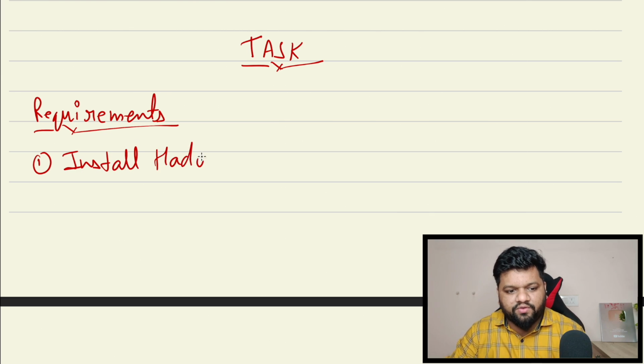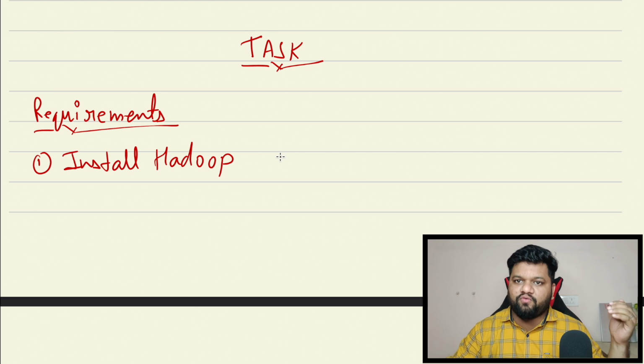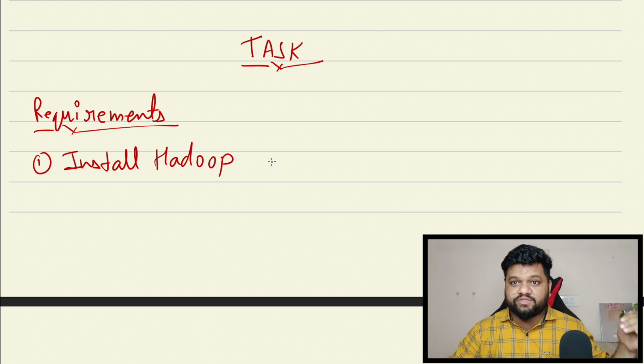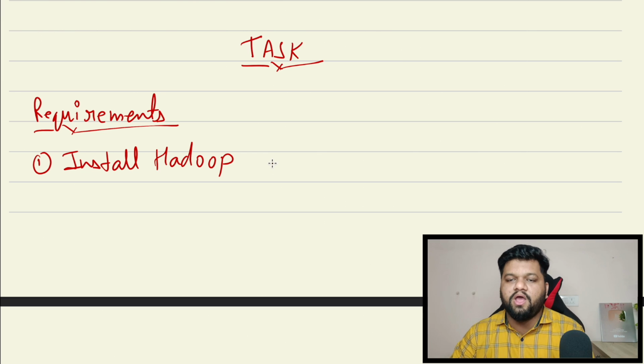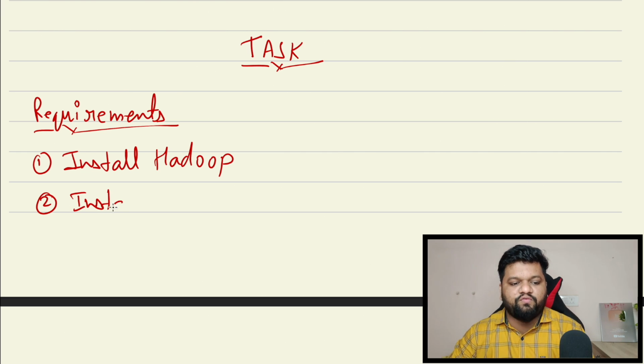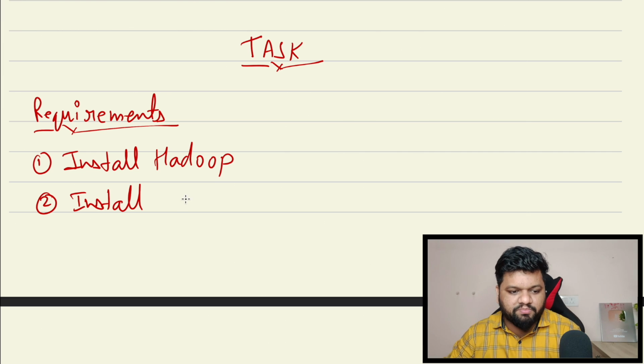Because here we want to use HDFS as our source location. Whatever huge amount of data we have, it will be stored in HDFS, which is a distributed file system, as our source data. That's why you need to install Hadoop in your local system. Second, you need to install Apache Spark, which will do the actual computation part.